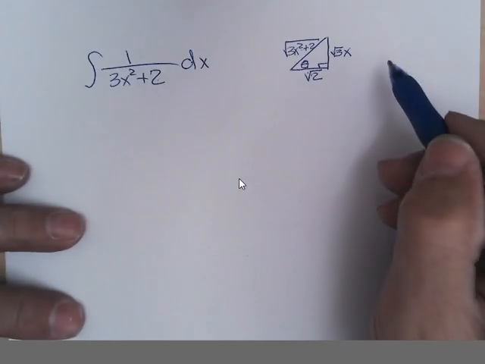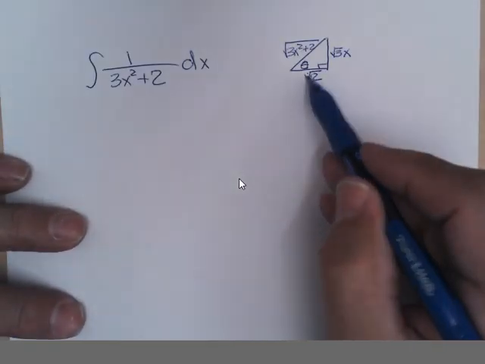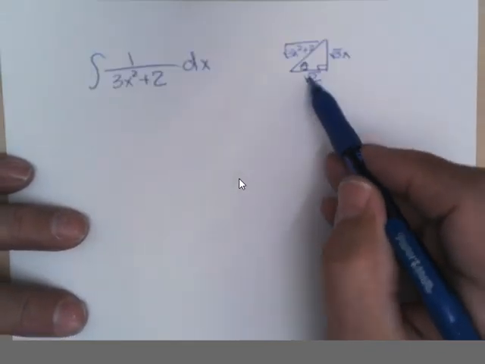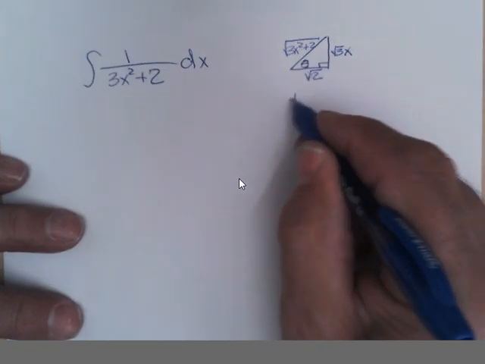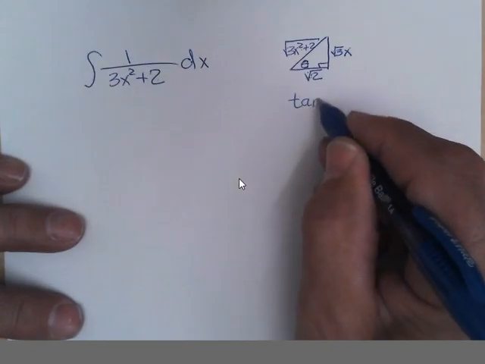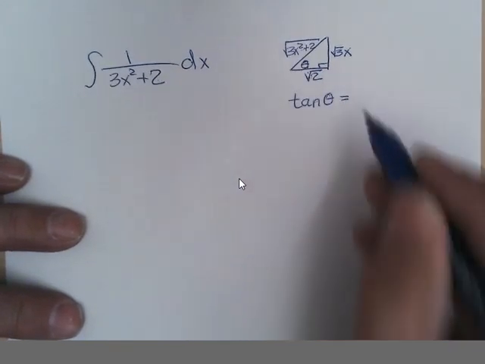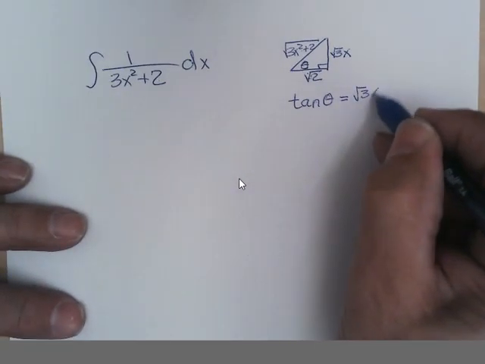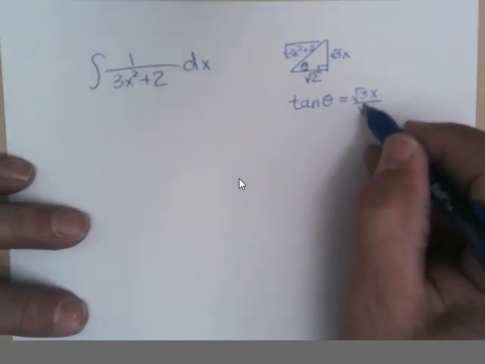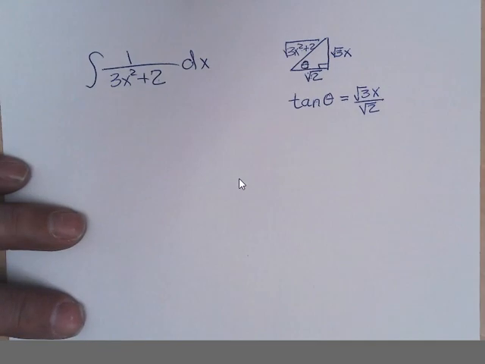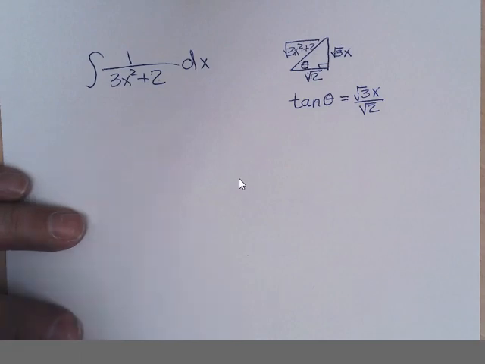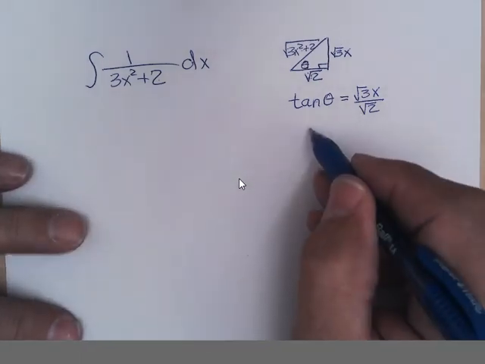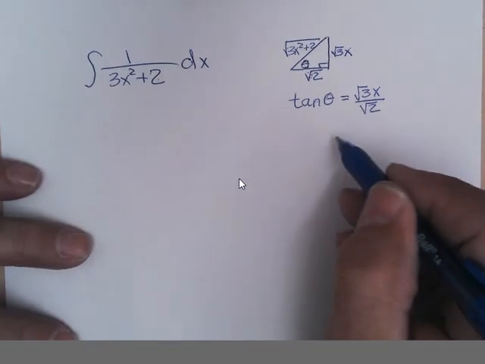So, using the simplest two sides, which are the two legs here, I see that tangent of theta is square root of 3x over the square root of 2. So that's what I'm going to use for my substitution. So just like in u sub, we need to take the derivative.